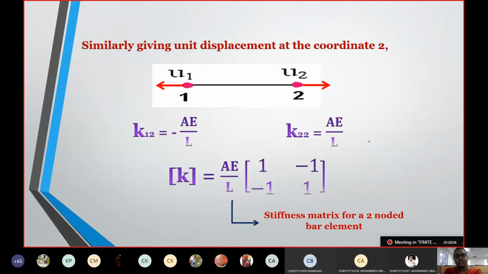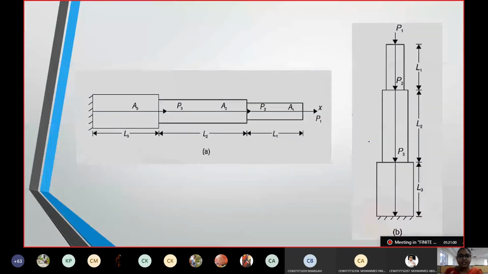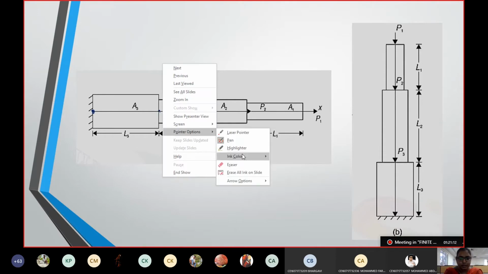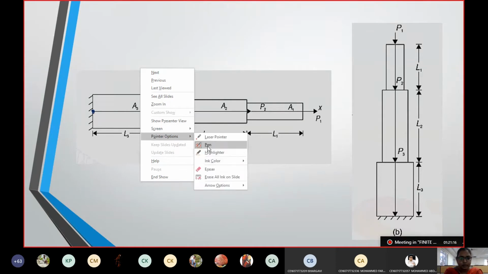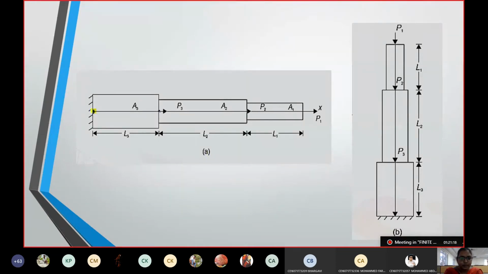Now this is just one part of what we have seen. Suppose bars are given in this way. Now there are many coordinates here. Look here: I have coordinate 1, 2, 3, 4.